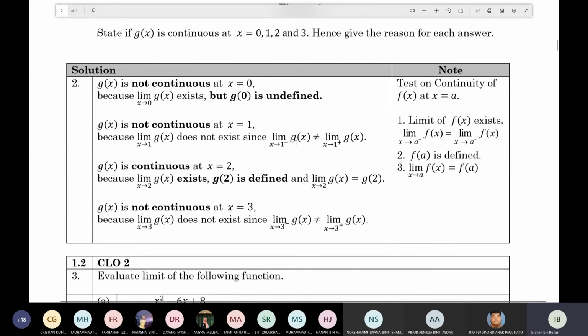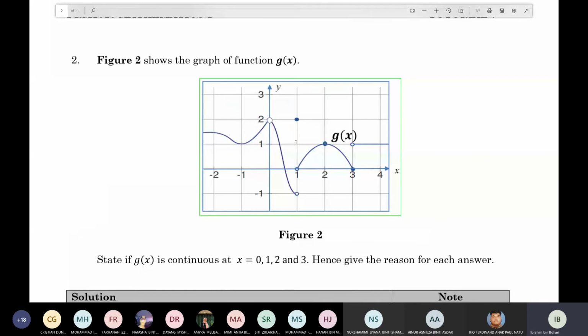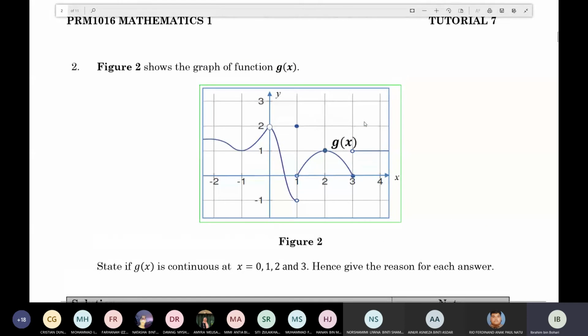Okay, question 2 saya tunjukkan satu cukup. First here the value of x equals to 1.